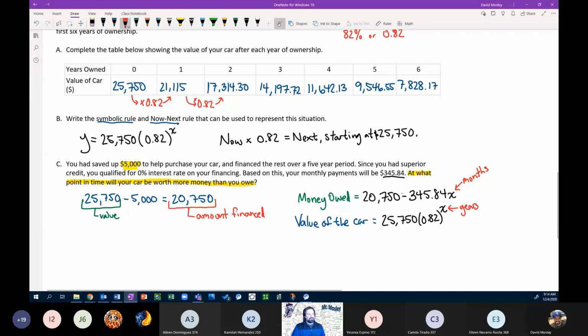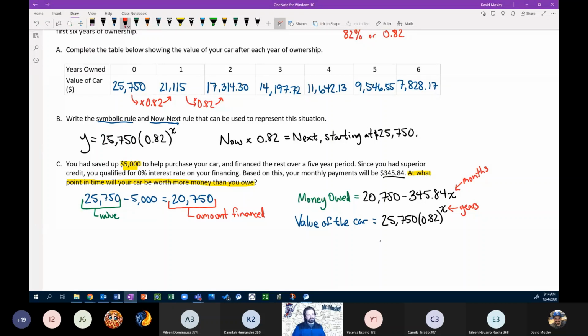So I could multiply 345.84 times 12 and use that value. So that's how much I'll pay each year. Or I can divide my exponent by 12, for the value of the car. Either way, you need to make an adjustment so that we're using the same unit of time for each of the x variables, because they're on the same graph.